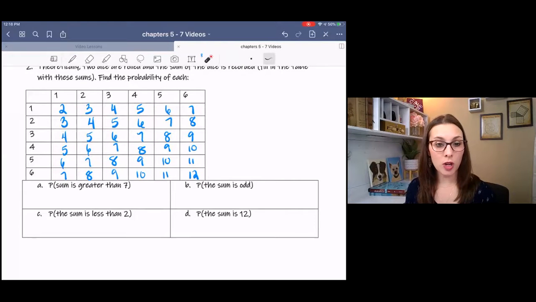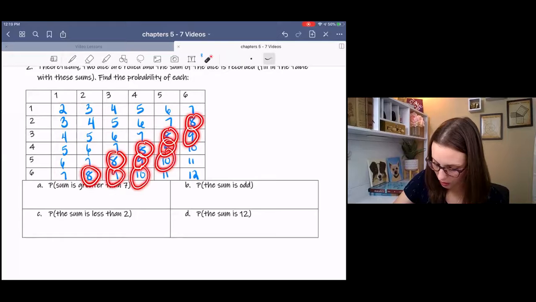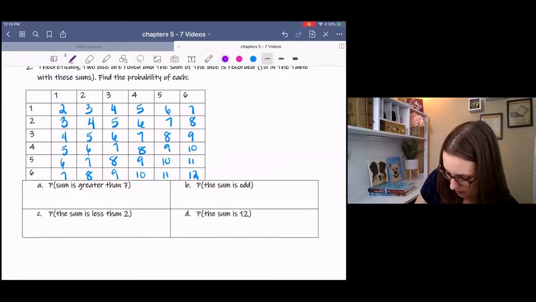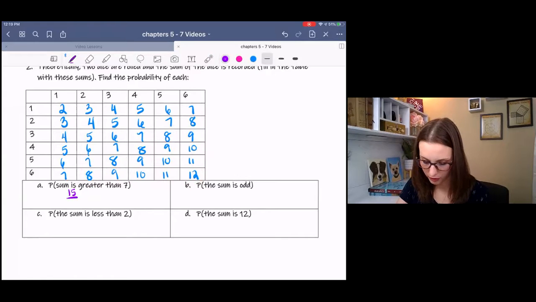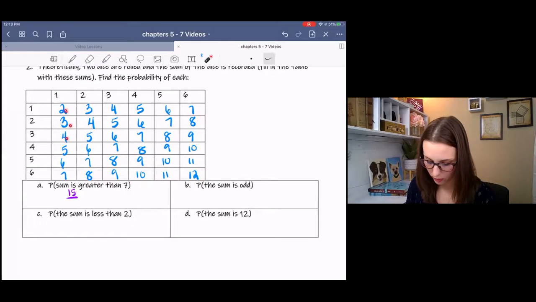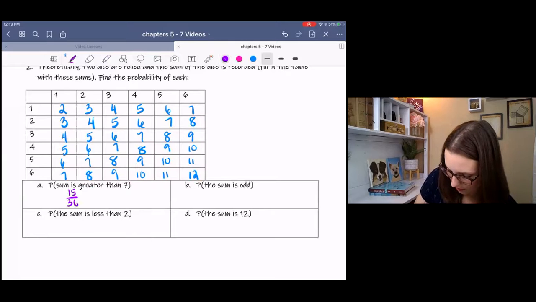So the sum greater than 7, the number of outcomes, there's 15 of them out of 6 times 6, 36.